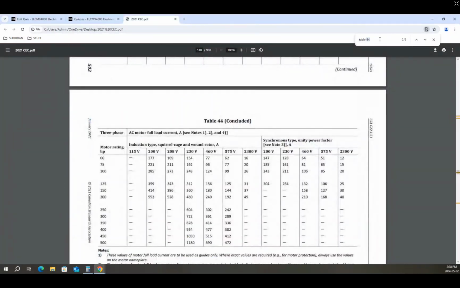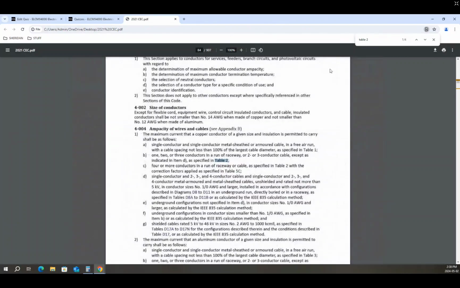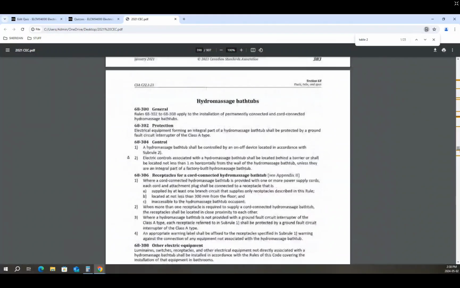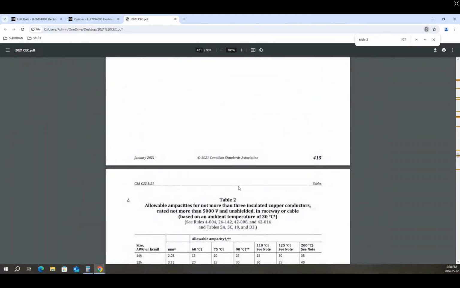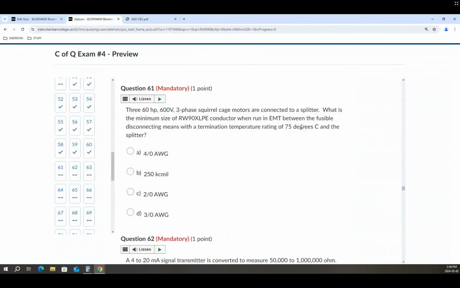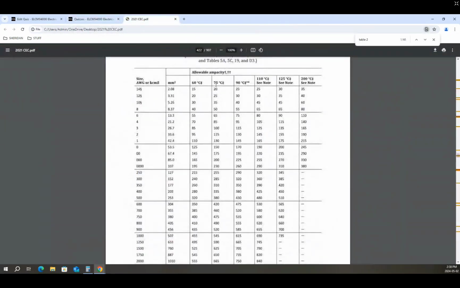And then I'm going to go to Table 2. This time, my termination temperature is given as 75 C, so I'm going to use the 75 degree column.